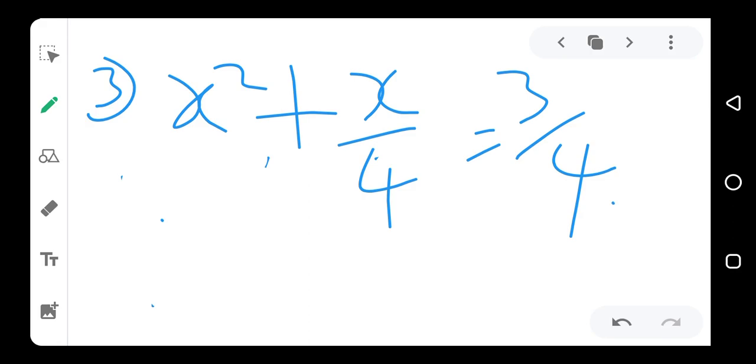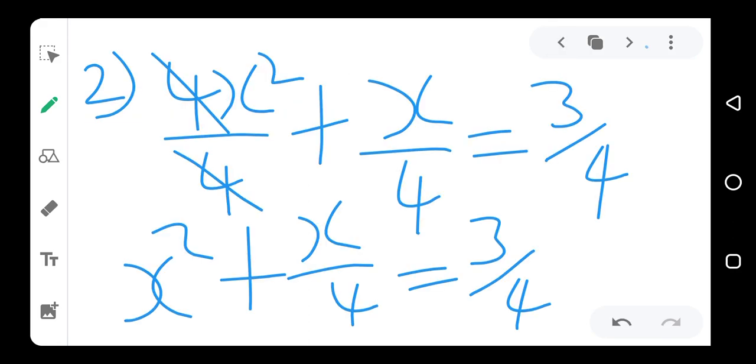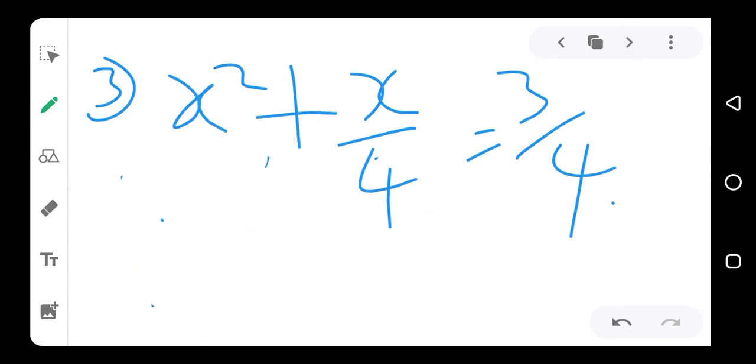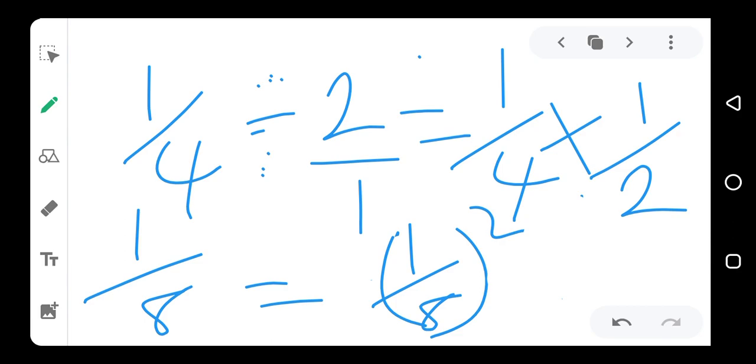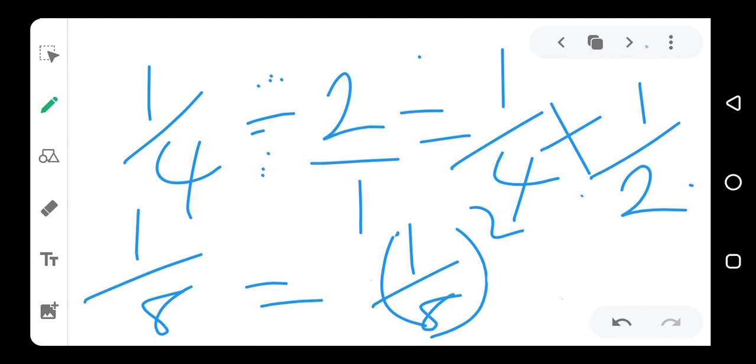Step 2 is this. Step 3, we find the value of b, which is 1 over 4, and that is this. Then step 4, add the squared value of b to both sides.